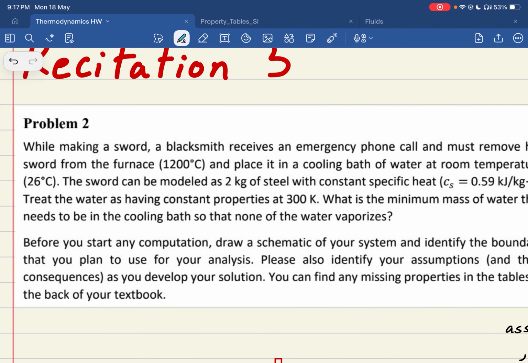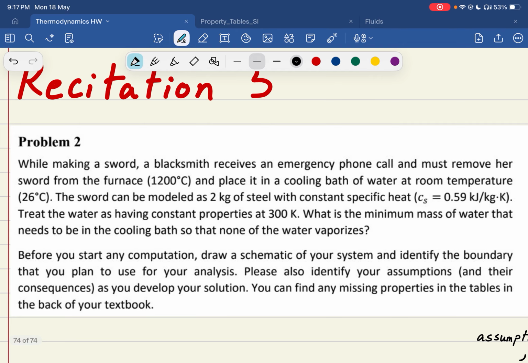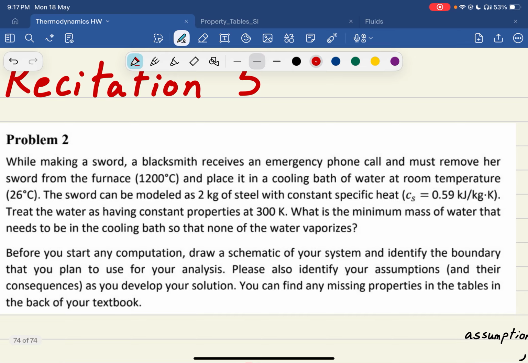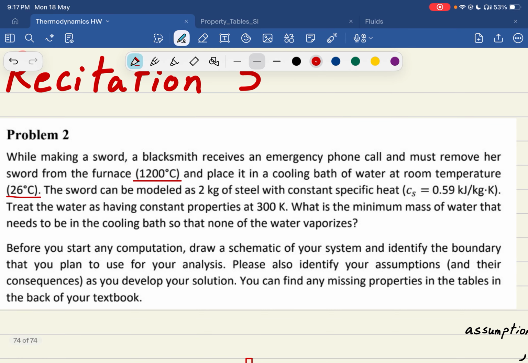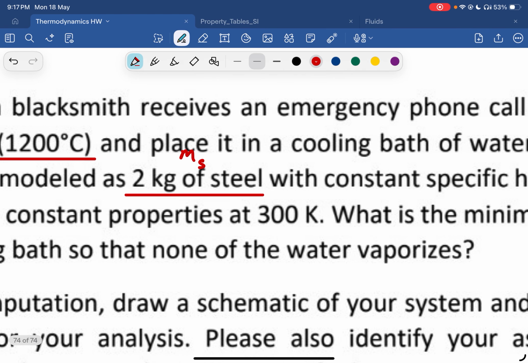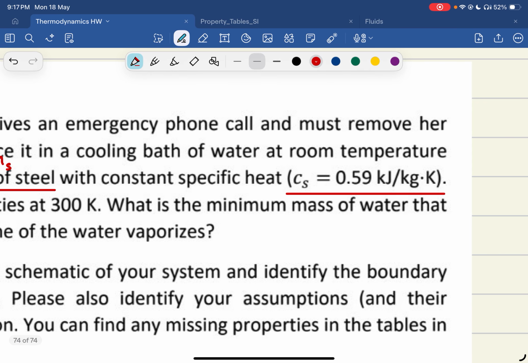Alright, right now we have problem 2 of Recitation 5. While making a sword, a blacksmith receives an emergency phone call and must remove a sword from a furnace at 1200 while placing it in a cooling bath of water at a temperature of 26. The sword can be modeled as 2 kg of steel with a constant specific heat of 0.59.